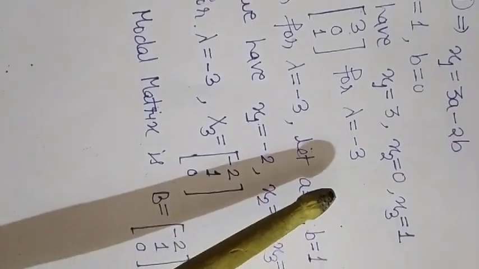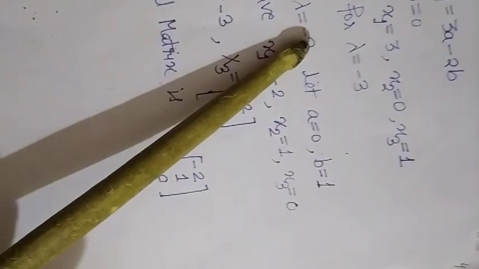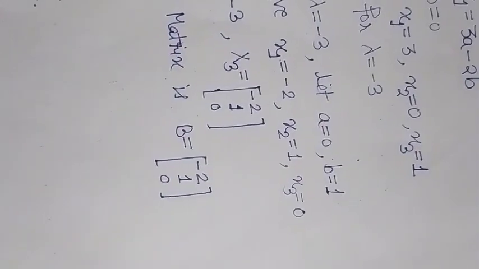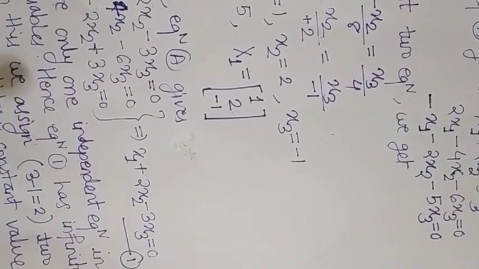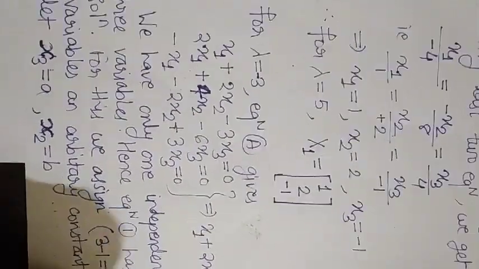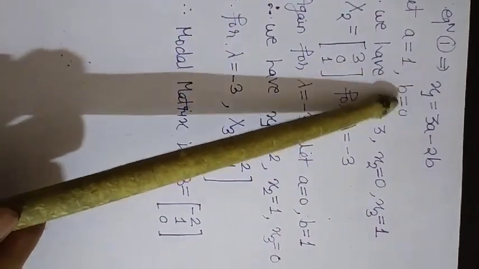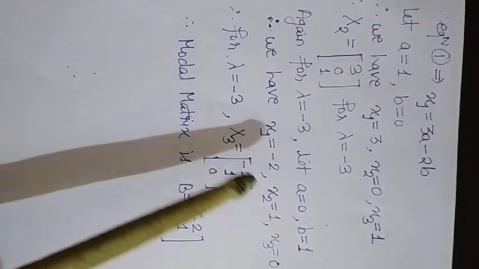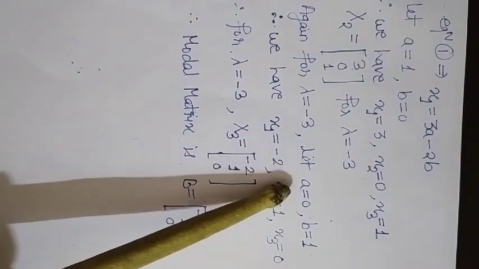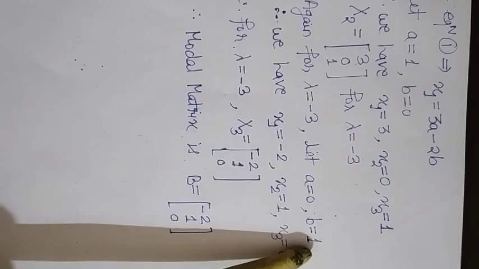Again, the next eigenvalue is also lambda equal to minus 3. So we will get the equation similar to equation number 1. Right. So we will come across this situation where x3 is A and x2 is B. Now for getting the linearly independent solutions, here we have taken A as 1 and B as 0. So let us swap this. Let us take, for getting independent solutions, A equal to 0 and B as 1.